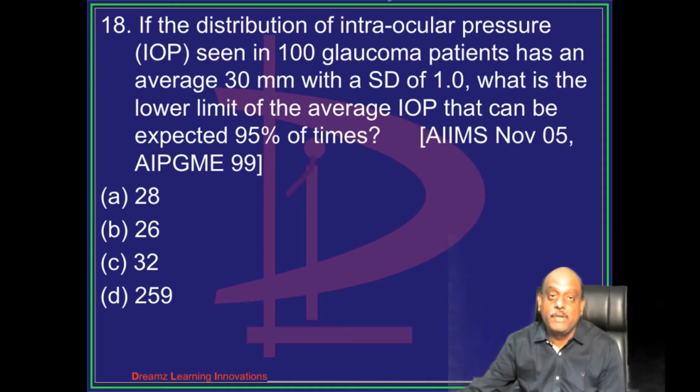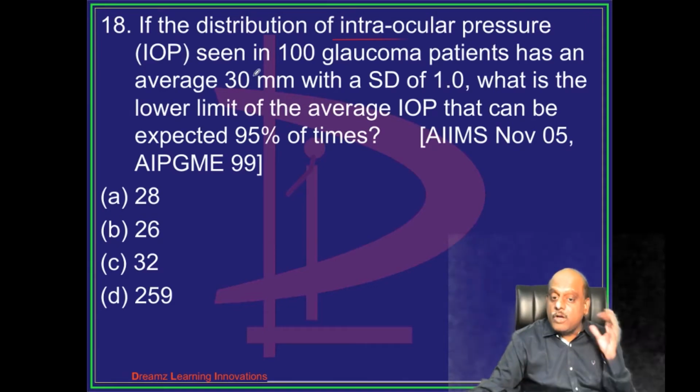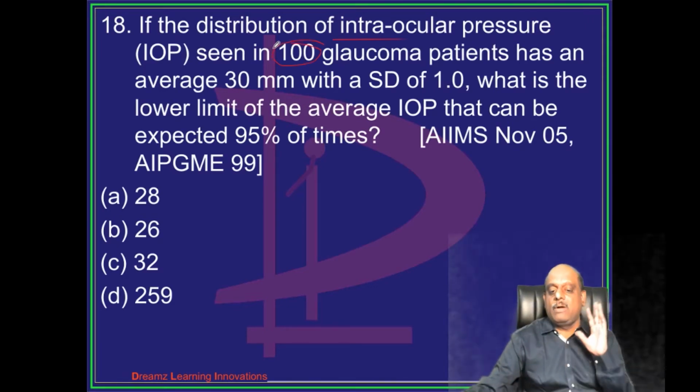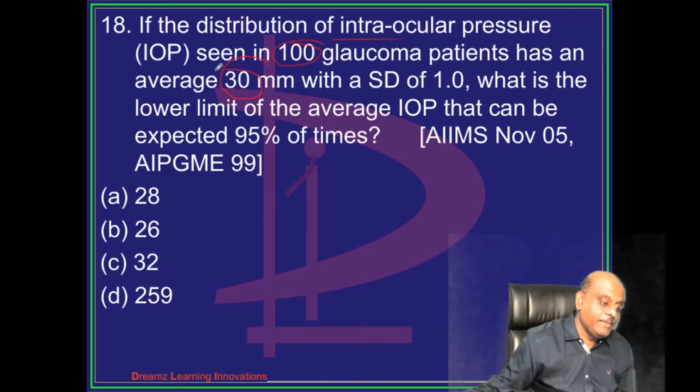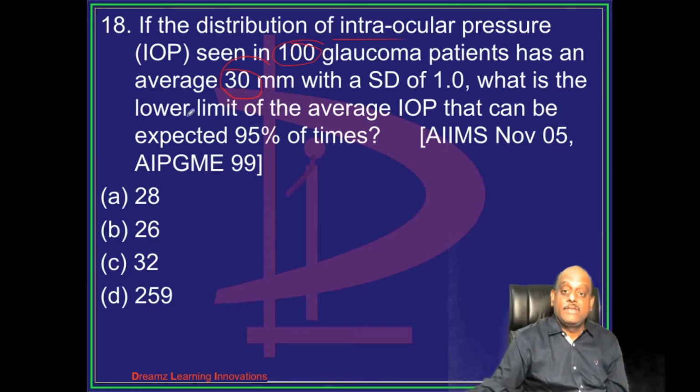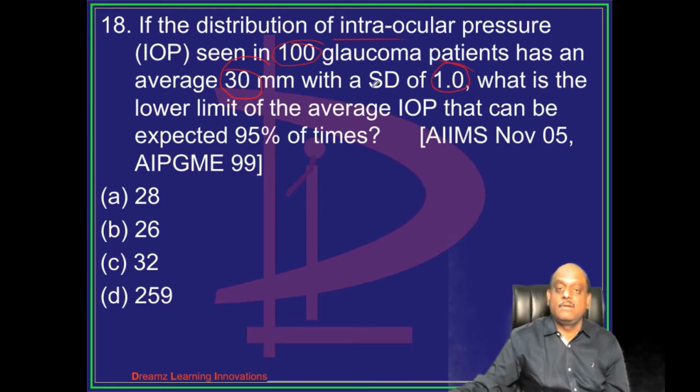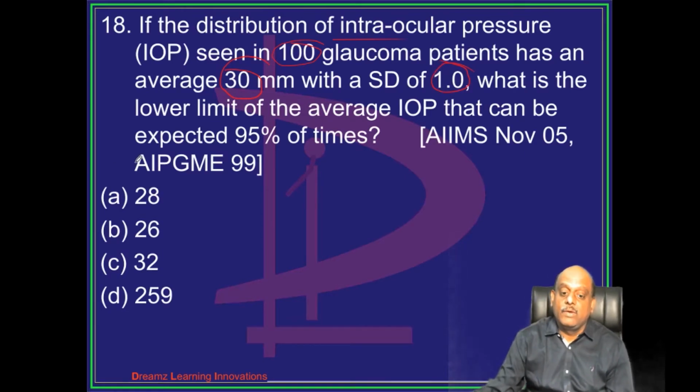Now, in a distribution of intraocular pressure seen in 100 glaucoma patients, the average value is 30 millimeters. Standard deviation is 1. What is the lower limit of the average IOP found in 95% of times?